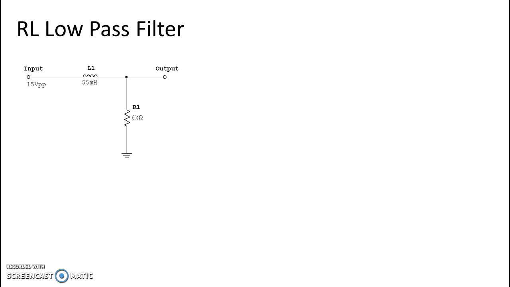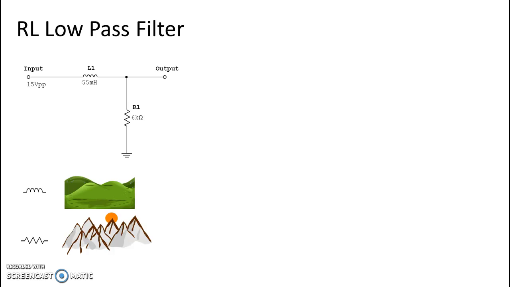So I'm going to give you kind of a picture mnemonic that we often use to identify our filters. If you think about an inductor, it kind of looks like rolling hills. And there's a nice little picture so you can see those rolling hills. Now, hills are lower than mountains, and a resistor has those nice sharp jagged peaks that kind of look like a mountain range.